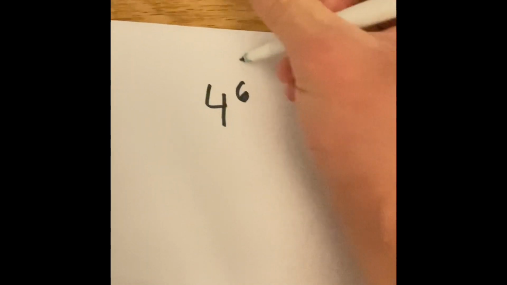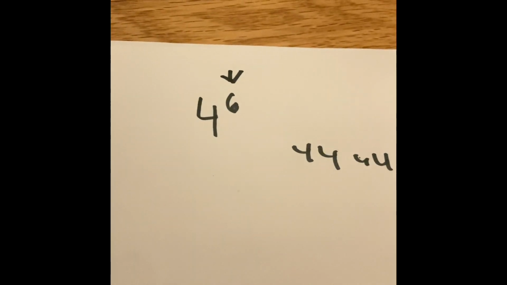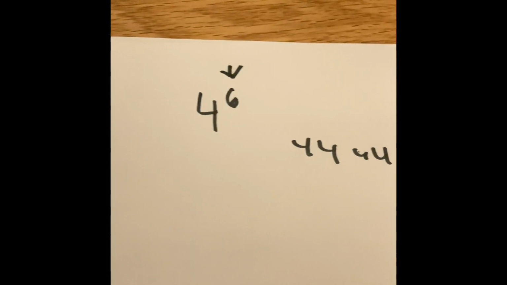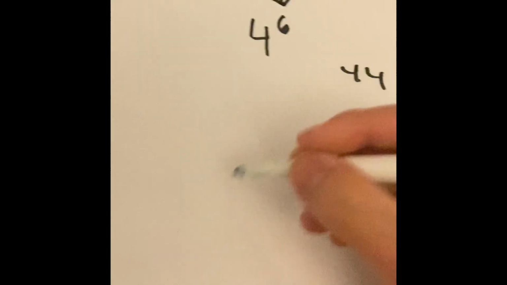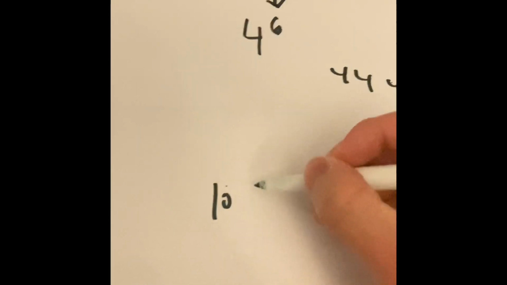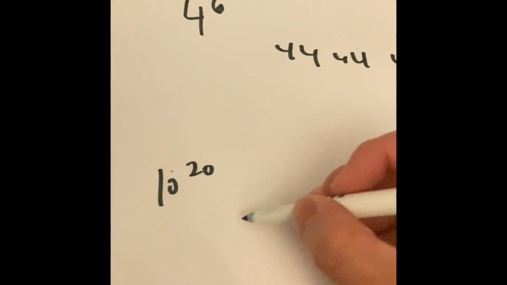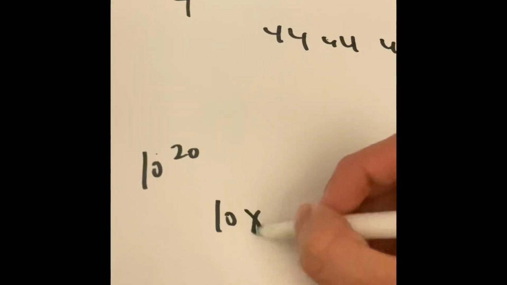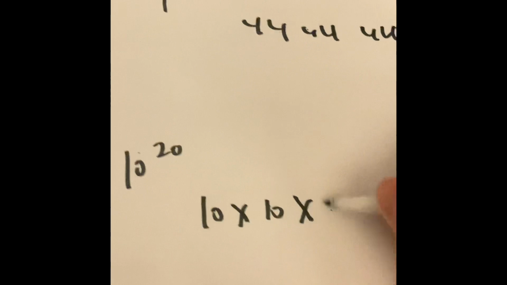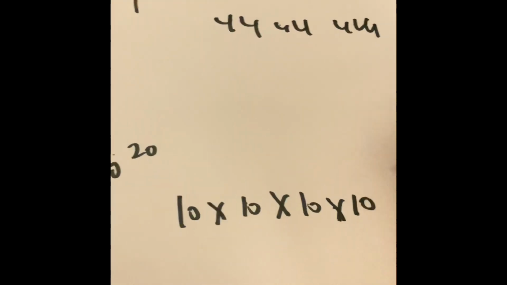All he could do is write a tiny number on top, which indicates how many times to write that number. What if we want to write 10 to the 20th power? Let's do an expanded form. 10 times 10 times 10 times 10.